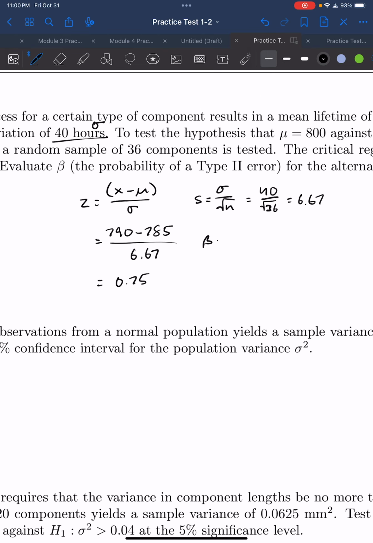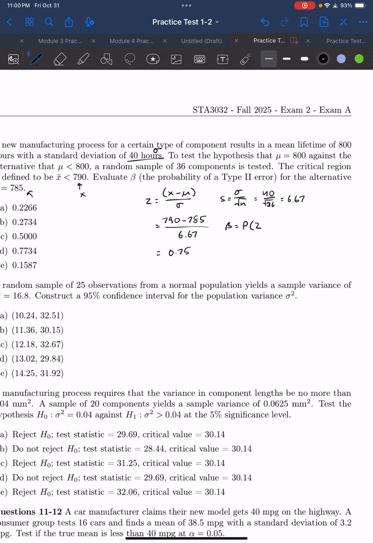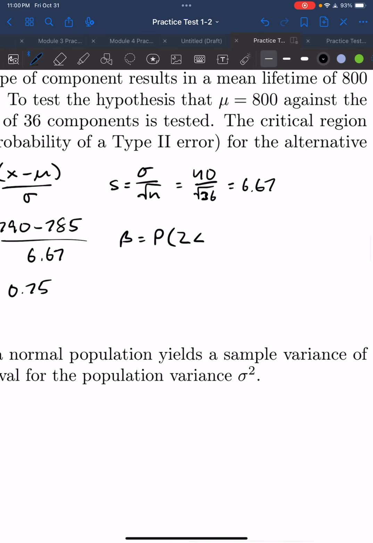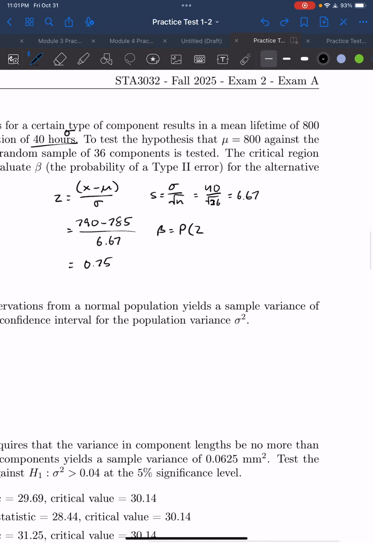So our type 2 error would be equal to our probability of our z-score. And then since we're looking for if it's less than, we would want to do greater than or equal to our z value.